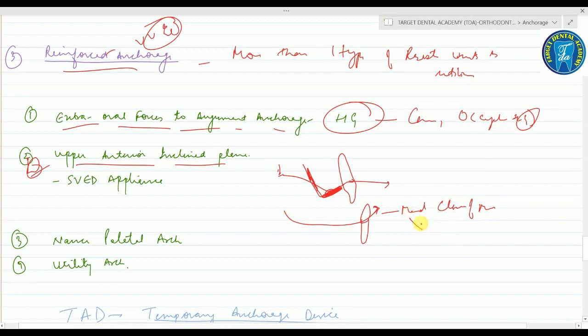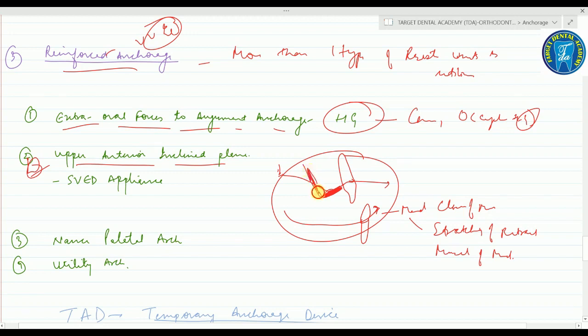Therefore it results in stretching of the retractor muscles of the mandible. Fine. So when you give the inclined plane, it helps in the forward closure of the mandible, and therefore leads to stretching of the retractor muscles of the mandible.